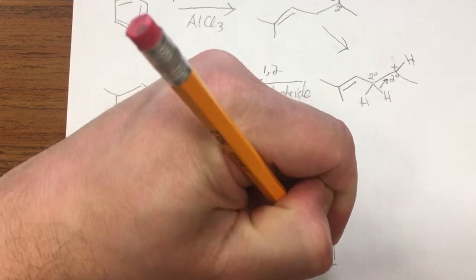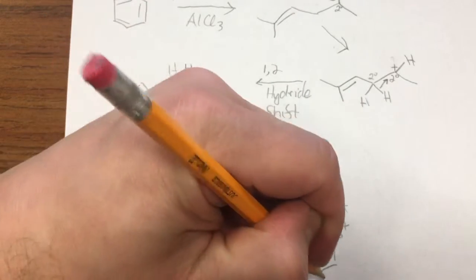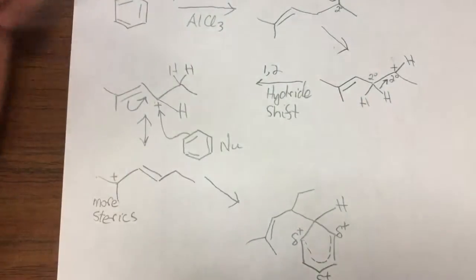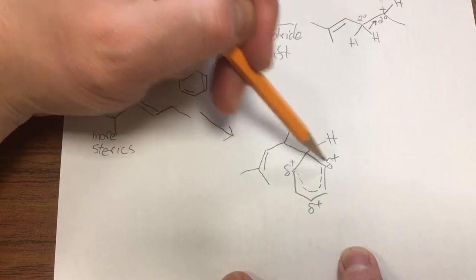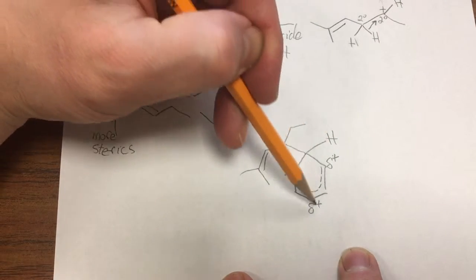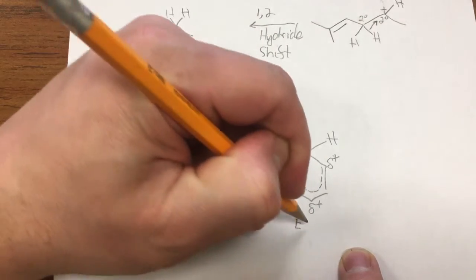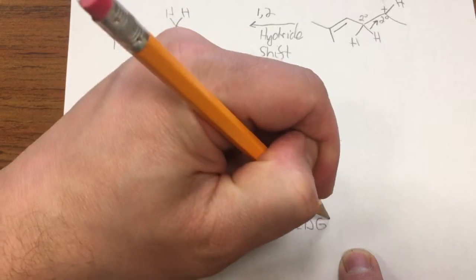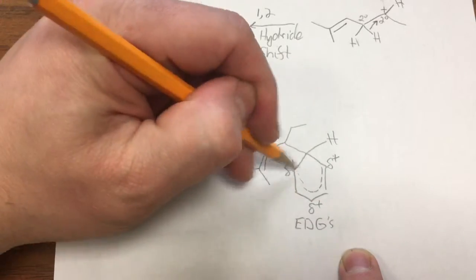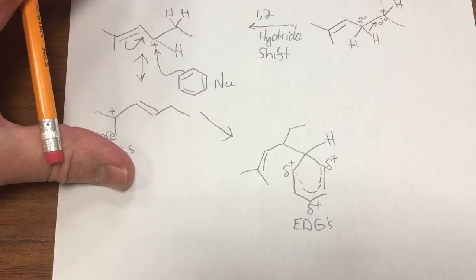And this is a resonance stabilized carbocation also, the Wheland intermediate here. Stabilization here occurs at both the ortho positions here and the para position. Tomorrow we'll learn about how electron donating groups in those positions will help stabilize this and will promote a certain type of reaction.